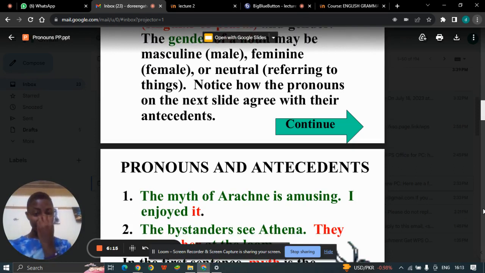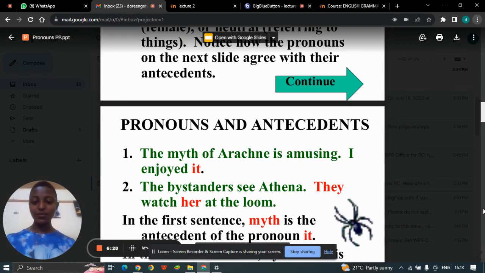In this slide, I want you to notice how pronouns agree with their antecedents. You have said what an antecedent is. It's the one that the pronoun refers to. For example, the myth of Arachne is amusing. I enjoyed it. What did you enjoy?